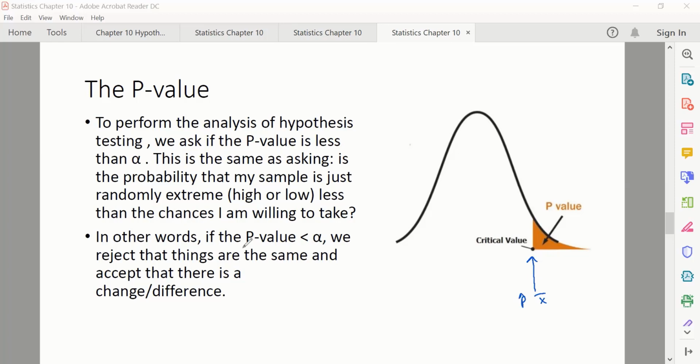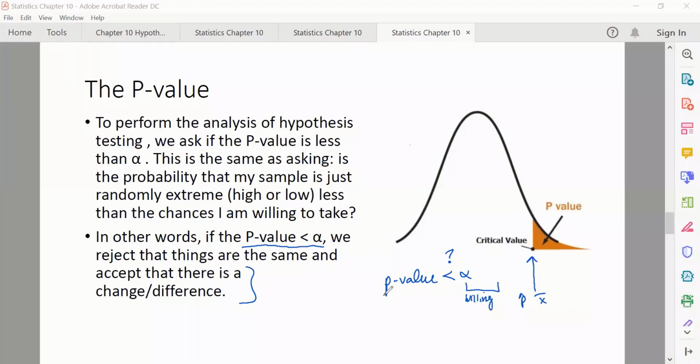So if the p-value is less than alpha, we reject that things are the same and accept that there is a change or a difference. So is the probability that my sample is just high or low less than the chances I'm willing to take? That's our question we're asking.